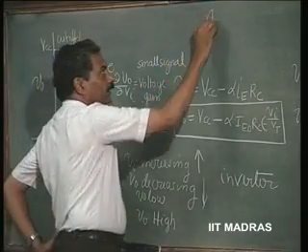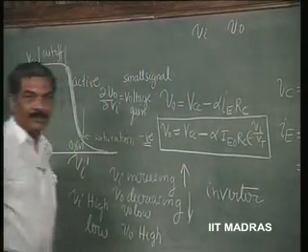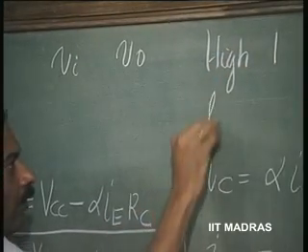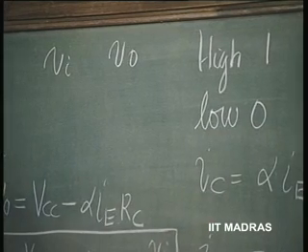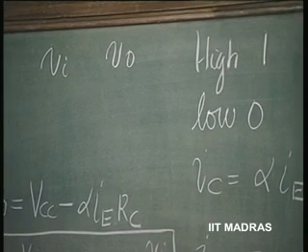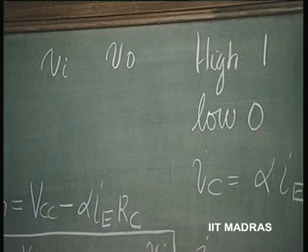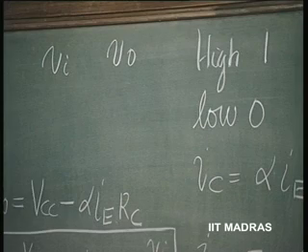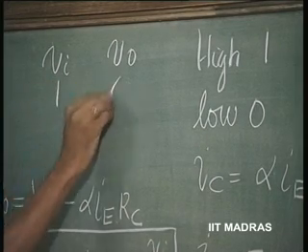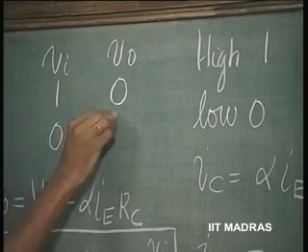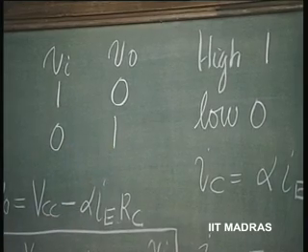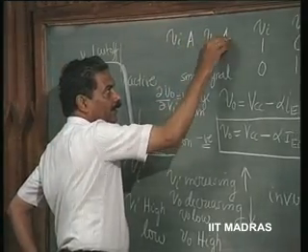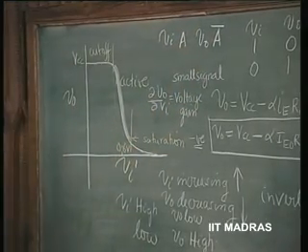If I denote high as 1 and low as 0, this is called the binary bit level, 1 and 0, high and low, positive logic. Then if Vi is 1, V naught is 0. If Vi is 0, V naught is 1. Or if Vi is A, V naught is A bar. This is the logical operation.